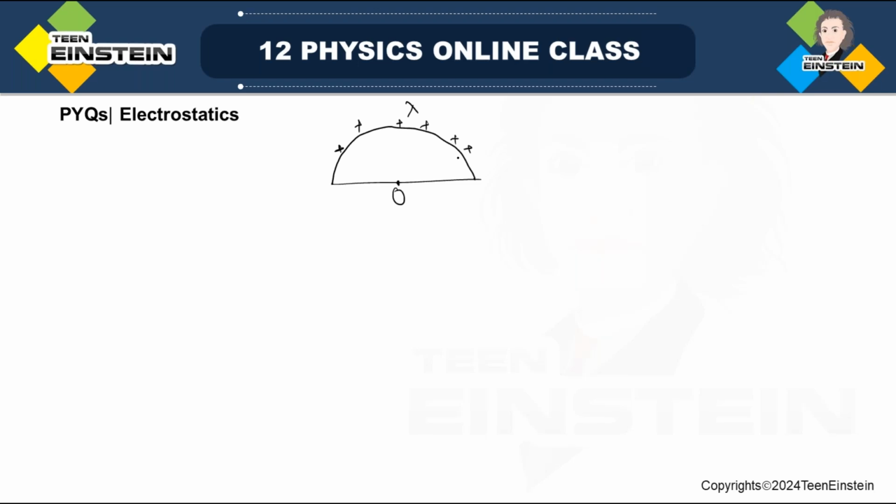I can consider a very small length element. Due to this element, there will be an electric field at this point, with direction something like this. Let us say this element has length dl, it is at an angle theta, and this angle is d theta.